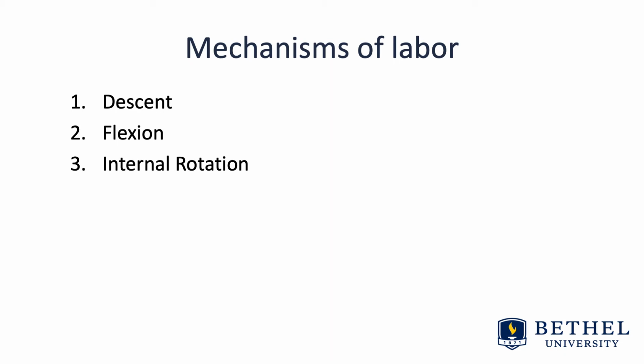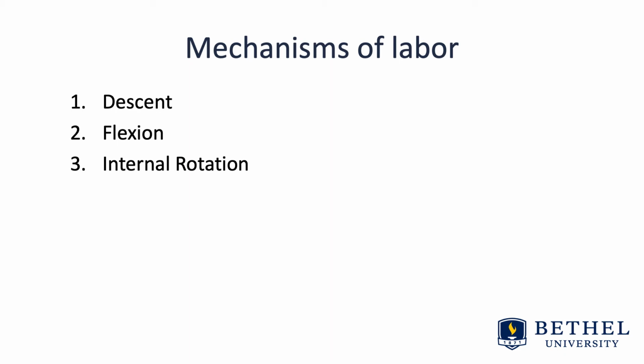But then when they reach the ischial spines, we have internal rotation where the fetal head moves from being in the transverse diameter to the AP, or anterior posterior, diameter. So for example, the back of their head might be facing either the mom's right side or left side at that initial engagement.